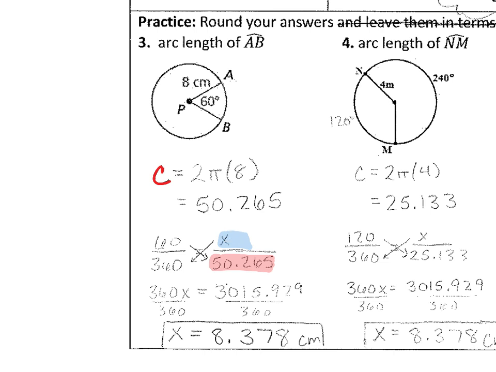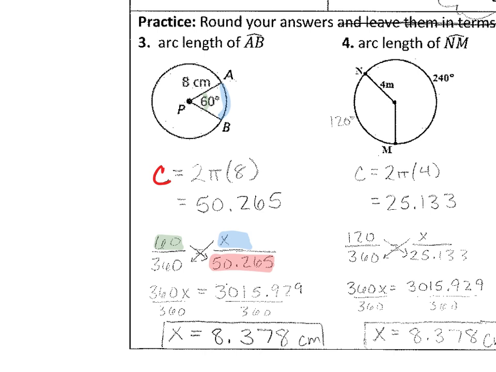And we're setting that equal to the arc measure over 360 degrees. So in this problem, my arc measure is 60. My arc length is AB, that's what I'm looking for. And my circumference is the 50.265. Once we have the proportion set up, we have an X with what we're looking for, which was the arc length. We cross multiply, we divide, we have our answer.